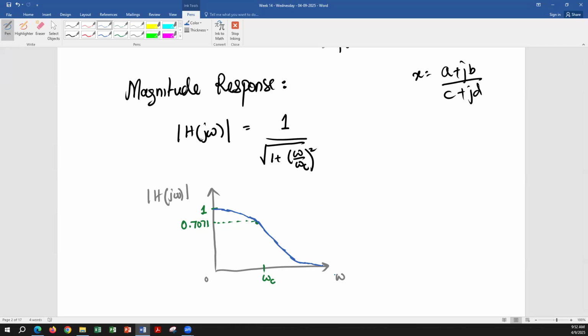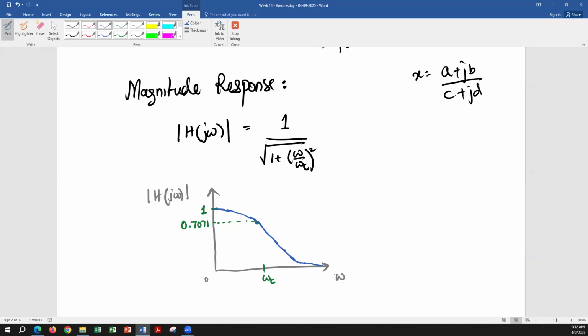Generally, when we are plotting the magnitude response in MATLAB, or even when you're simulating it in PSpice, we keep the x-axis in logarithmic scale instead of the regular scale. In MATLAB, instead of using the plot function, we use semilogx to plot the filter response, because semilogx basically divides the x-axis into logarithmic scale.